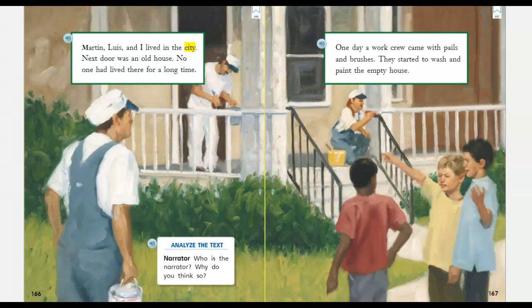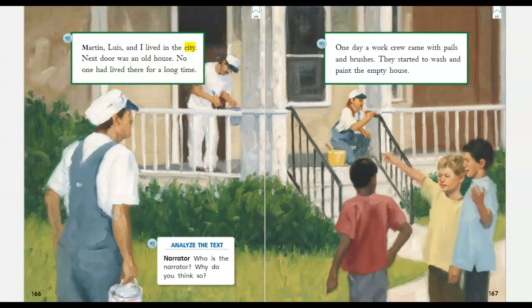Martin, Lewis, and I lived in the city. Next door was an old house. No one had lived there for a long time. One day, a work crew came with pails and brushes.